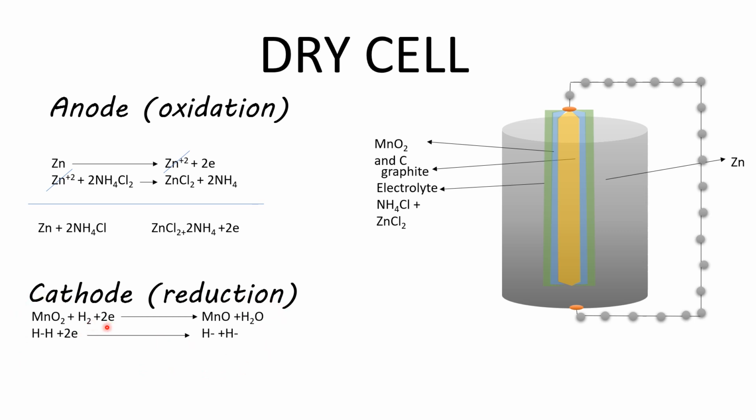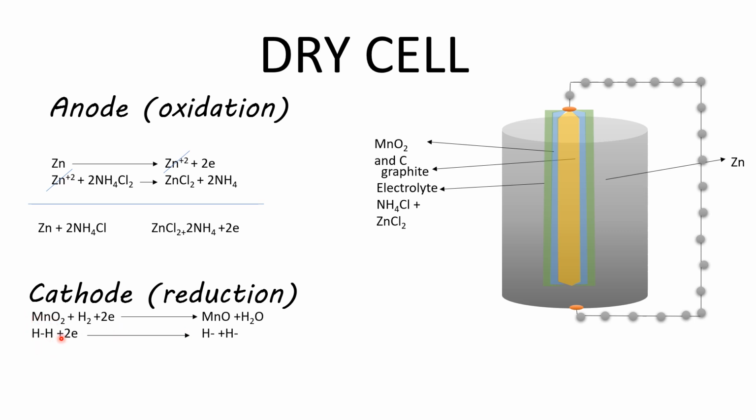This MnO2 will react with the H2 gas in the presence of two electrons. Now, these two electrons will transfer into MnO and make oxygen or water. After that, we know that this H2 gas has a covalent bond.